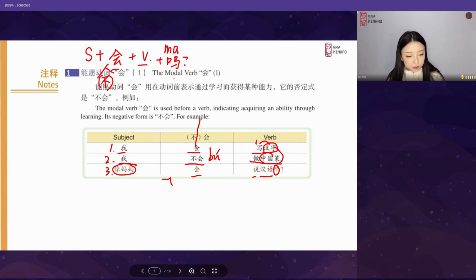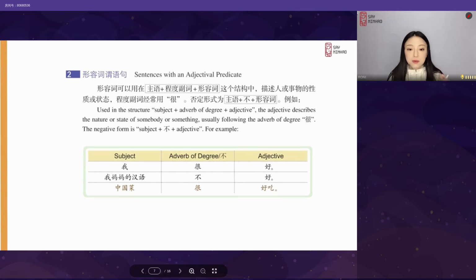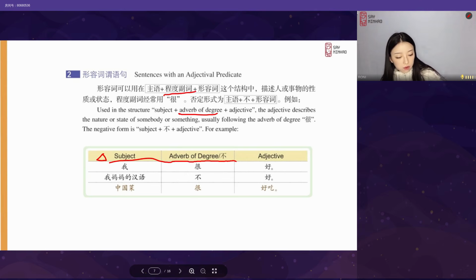It is really easy. Now let's move on to the next one, sentences with an adjectival predicate, which means adjectives can be the predicate in a sentence. In Chinese, adjectives can be a predicate, but there is a condition: there should be an adverb of degree before the adjective. Just like the structure shown here: the subject plus an adverb of degree plus an adjective.